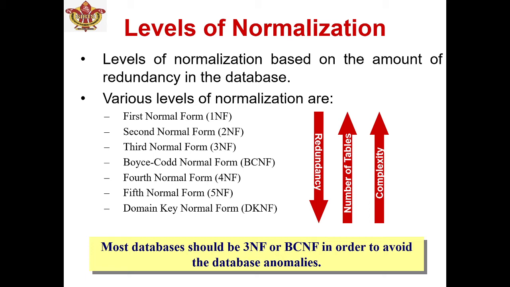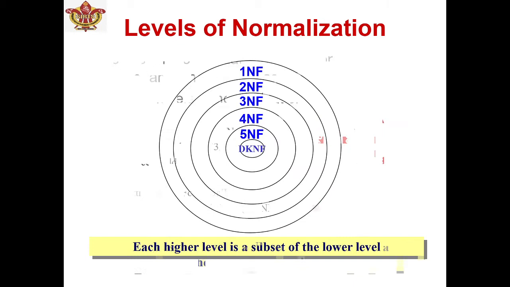Here I will note something: most databases should be in third NF or BCNF in order to avoid database anomalies, right? We will cover the first normal form in this chapter.